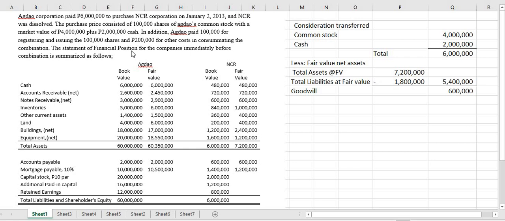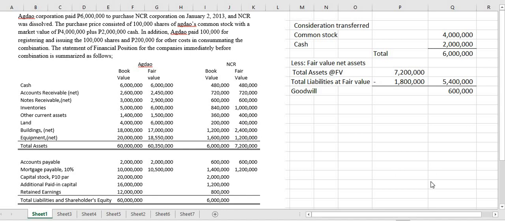The statement of financial position for the companies immediately before the combination is summarized as follows. We have here the statement of financial position of Agdao and then of NCR. Also the fair value of assets and liabilities of Agdao and NCR.